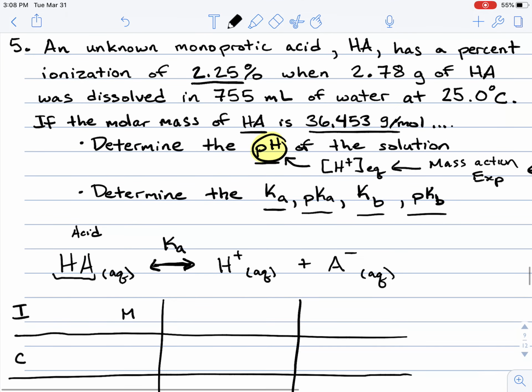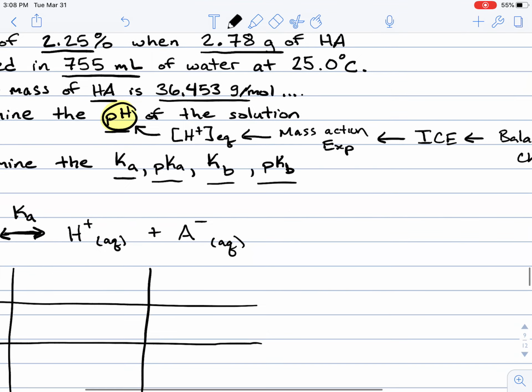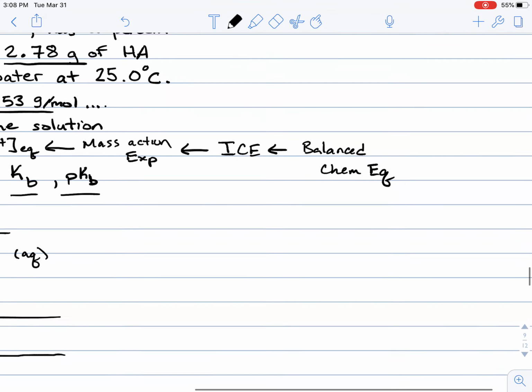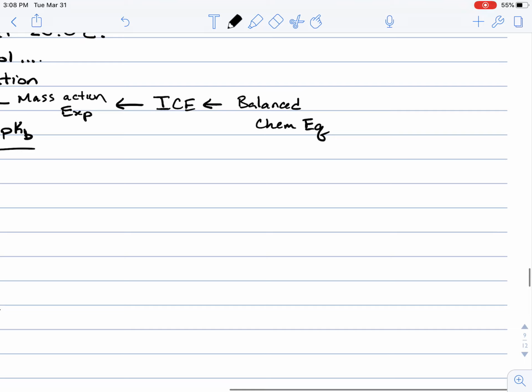But if you look at what the problem gave us, it gave us 2.78 grams, and it was dissolved in 755 milliliters. And so we can't really plug in 2.78 grams in place of molarity, so we have to do some conversions. And so I'm going to go ahead and do these conversions on the side over here.